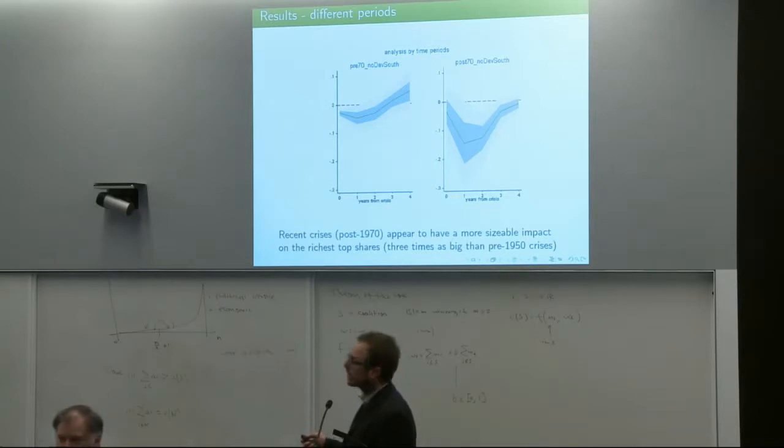However, the bottom line is that the magnitude of this impact and the duration of this impact is very small. The second year following the crisis, the top income share is around 12% lower than the no crisis scenario, but the total impact is completely absorbed by the 4th year following the crisis.